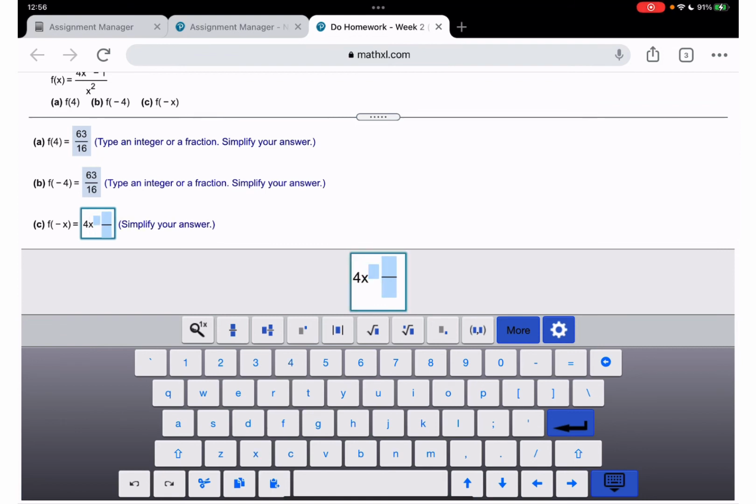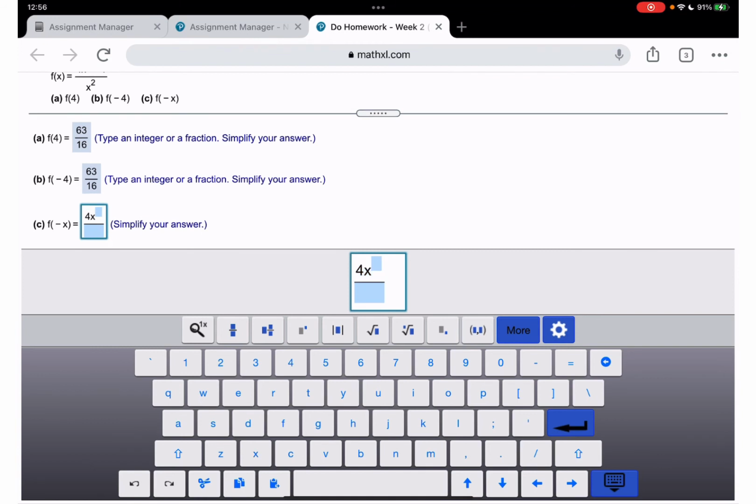4x, no. 4x squared, well, this is becoming a problem.